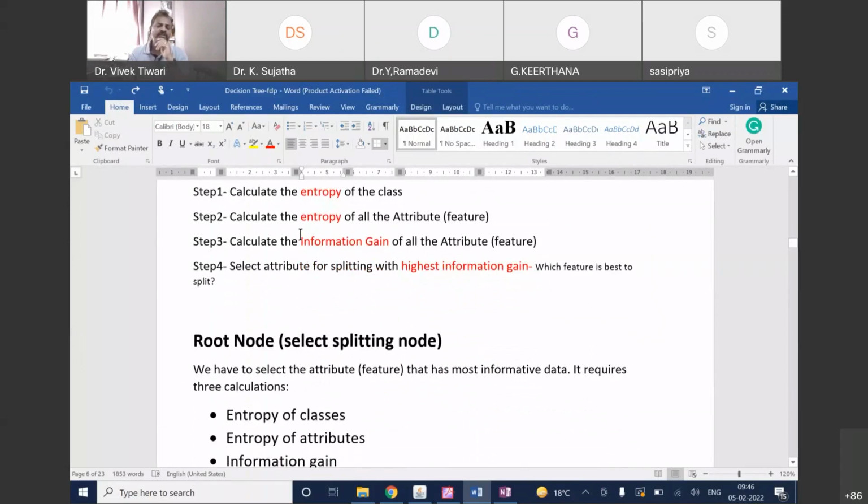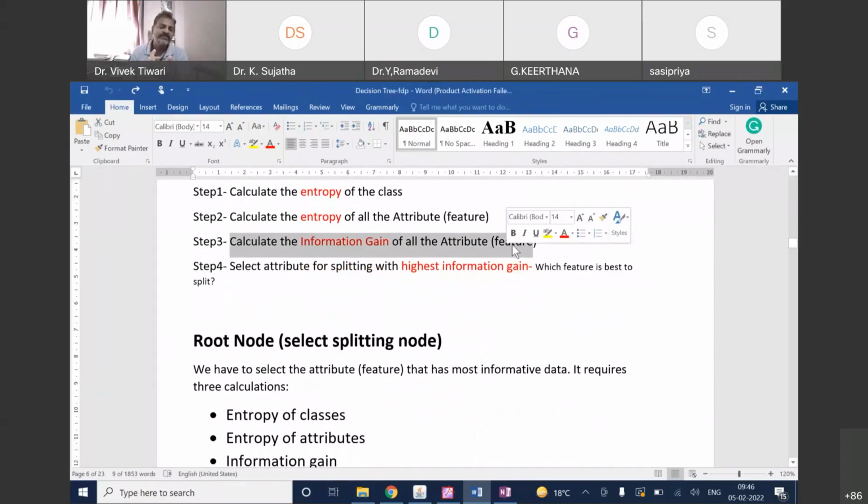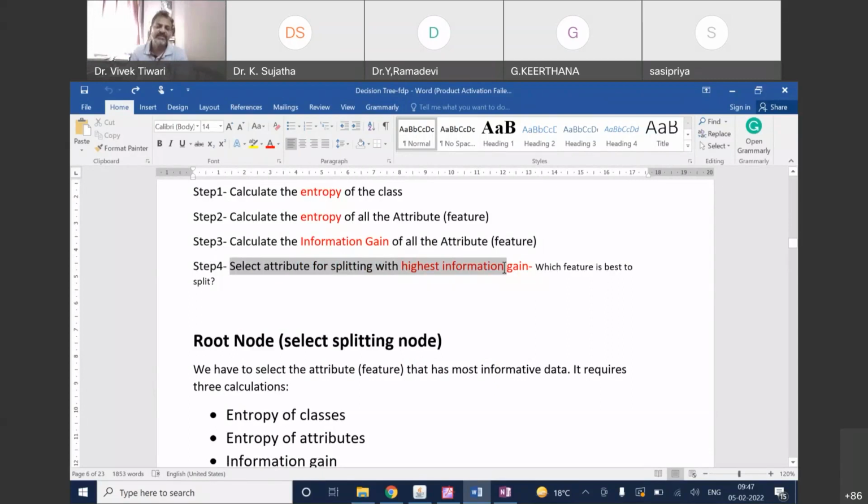Further, once we have the entropy of the class and the entropy of the features, we have to calculate the information gain of the attribute, and select as the splitting node the attribute which gives the highest information gain. It means that the feature is best for the split.